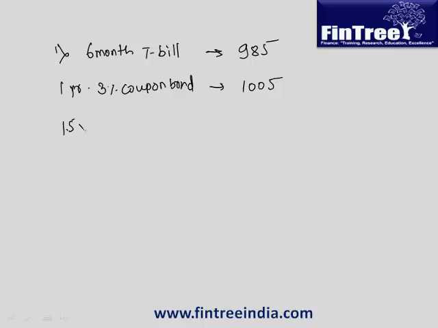A 1.5 year 4% coupon bond is trading at 1018. Calculate the 6-month spot rate, 1-year spot rate, and 1.5 year spot rate with semi-annual compounding, of course, and semi-annual coupons.